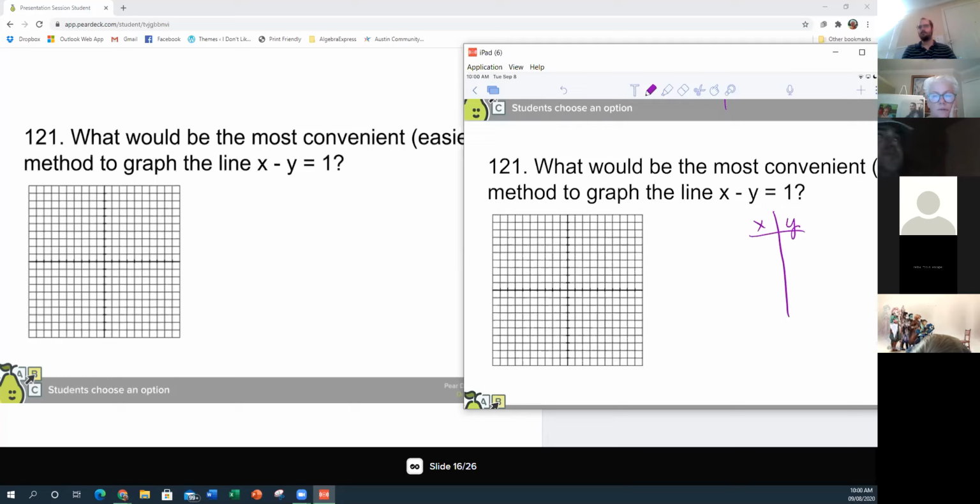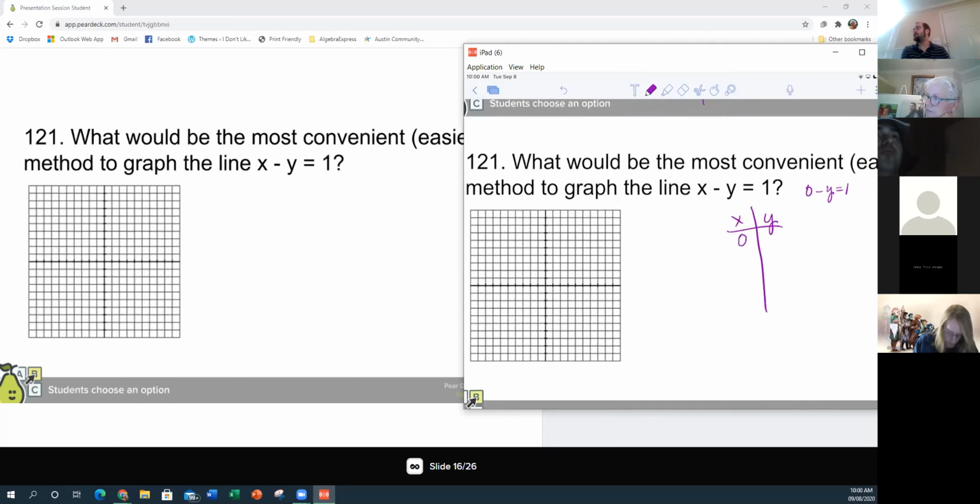I always start with 0. All right. So if you put 0, what would your Y value be? I guess Y would be -1. Okay.